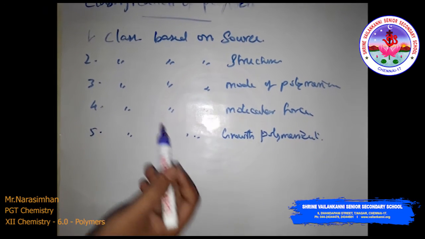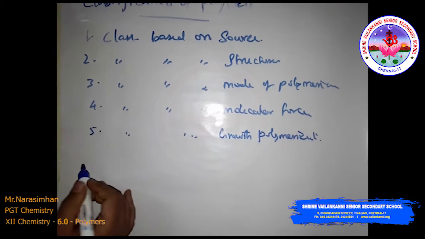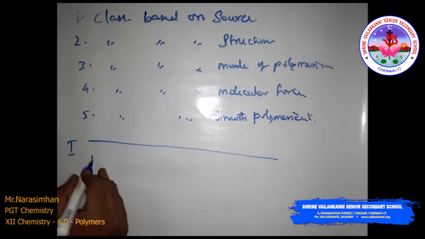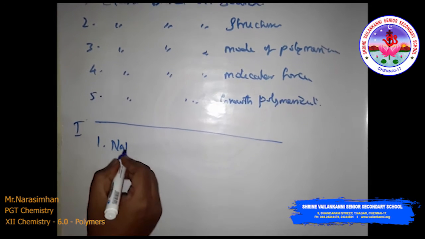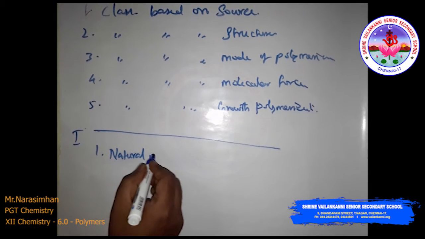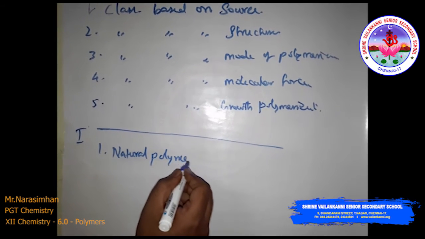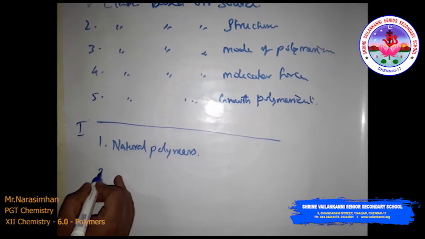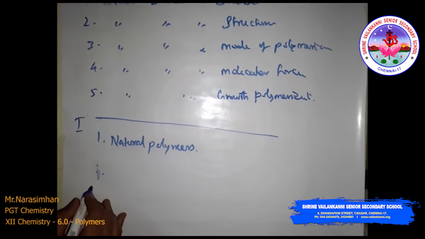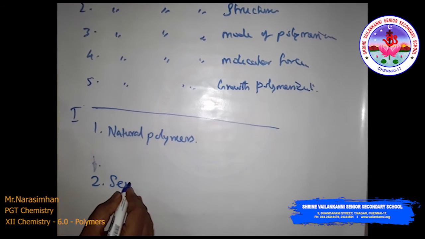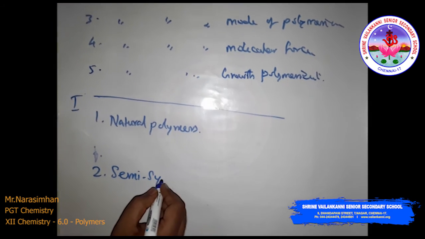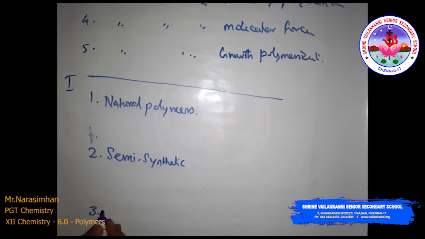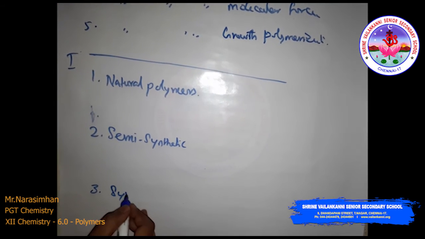Based on source means, first, the naturally occurring ones, called natural polymers. So natural polymers, semi-synthetic polymers, and the third one, synthetic polymers.